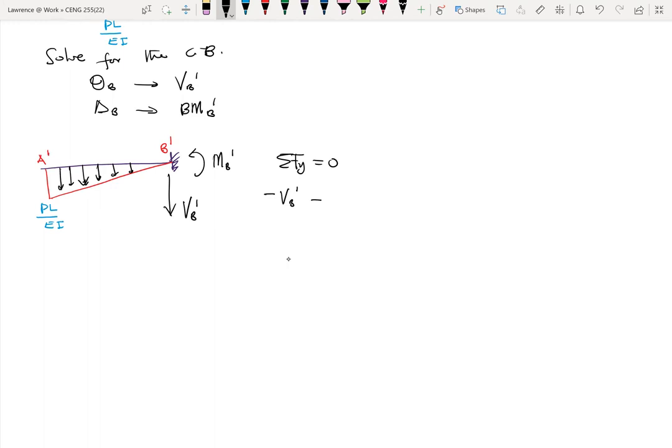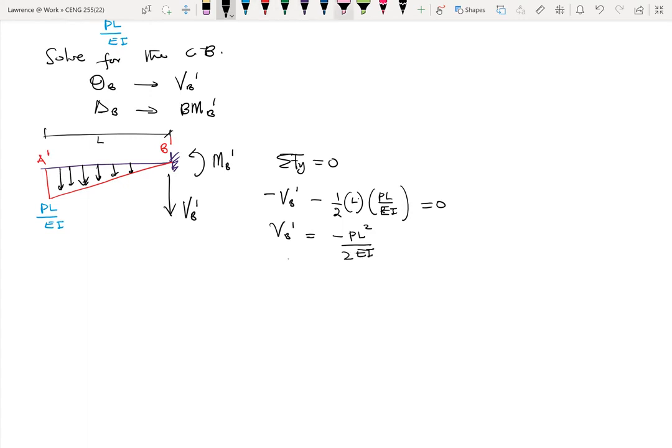Okay, so the area is what? Half base. The base here is L. So half base, which is L, times a height of PL over EI. All right, so this is equal to 0. So it means that VB prime is equal to minus PL squared over 2EI.